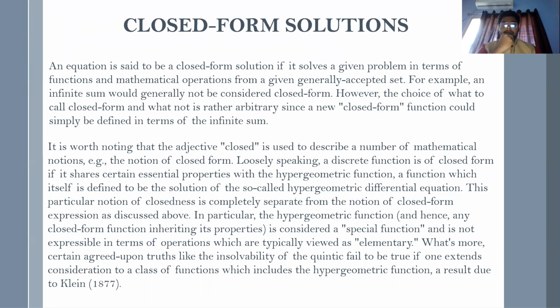For example, an infinite sum would generally not be considered closed form. However, the choice of what to call closed form and what not is rather arbitrary, since a new closed form function could simply be defined in terms of an infinite sum.